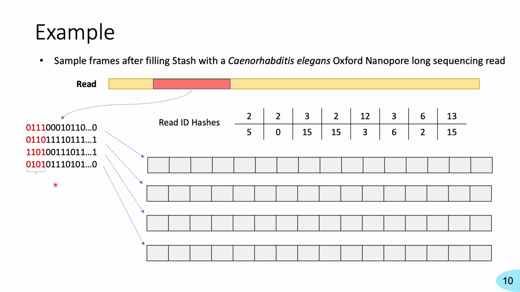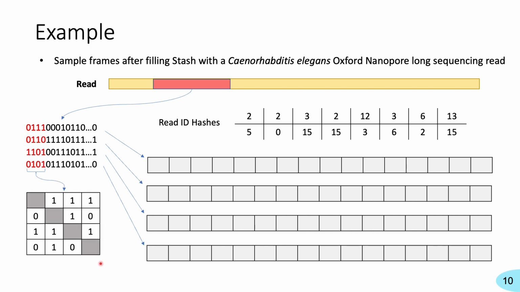Considering the H, or here 4, most significant bits of the ntHash outputs, we will extract the following bits, which will correspond to these numbers. Having the first hash function output, we will address index number 2 in the read ID hashes and fill column 3 with the value of 15. Having the second hash function output, we will address index number 7 in the read ID hashes, which will lead to filling column 13 with the value of 15. And so on.